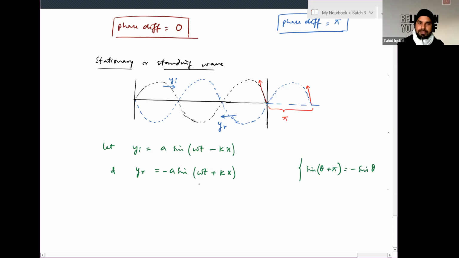I'm using this in the expression. So this defines the incident wave, and this defines the reflected wave.